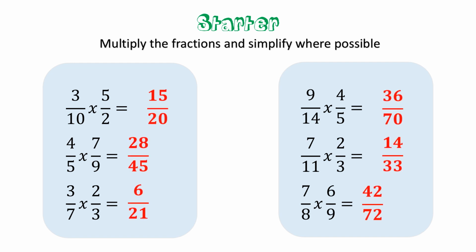And here are the answers. Make sure you check them against yours, and if you've got something different, double check, because it might be that you've just simply done it far too quickly. Okay, now if you've got them right, brilliant, but we're going to move on.